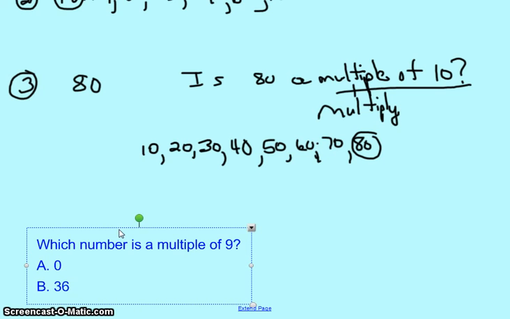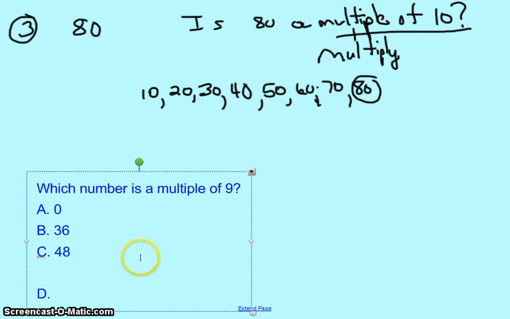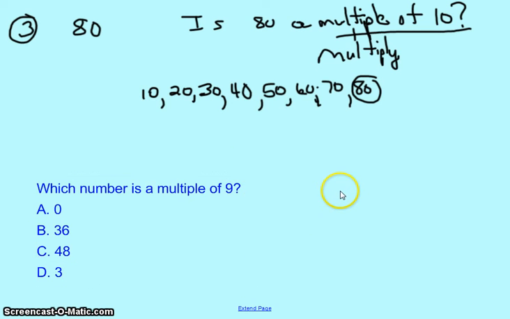Is it 36? Is it 48? Or is it 3? Okay, so pause the video to solve it, and then hit play again to get the results.